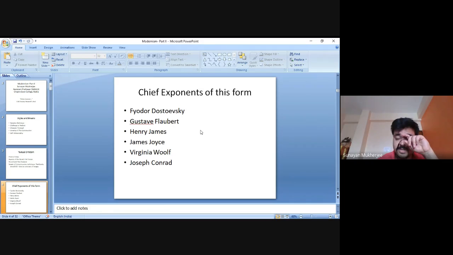So the chief exponents of this form, of these techniques, were Fyodor Dostoevsky, the great Russian novelist, Gustave Flaubert, the French novelist, Henry James, the English novelist, James Joyce, Virginia Woolf, Joseph Conrad.